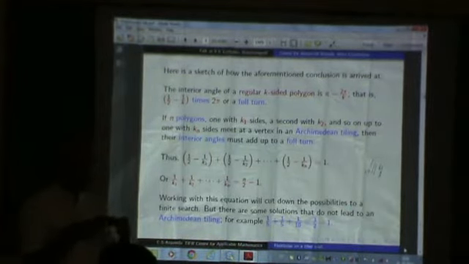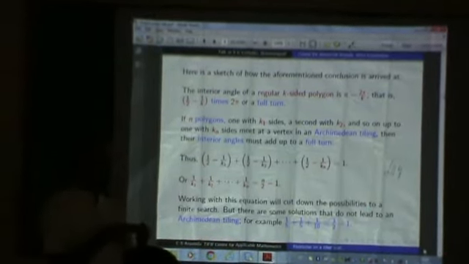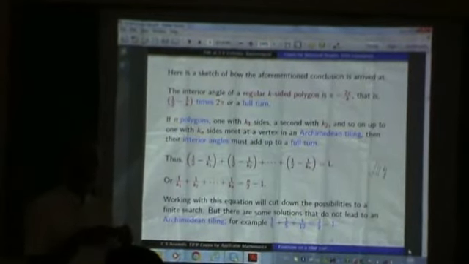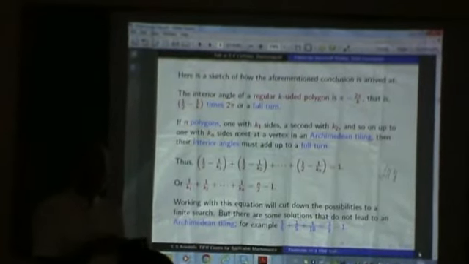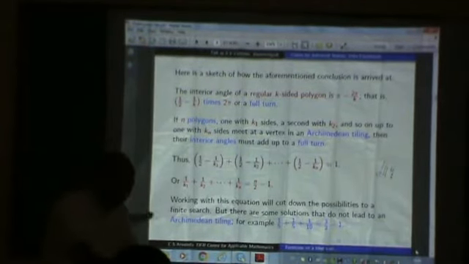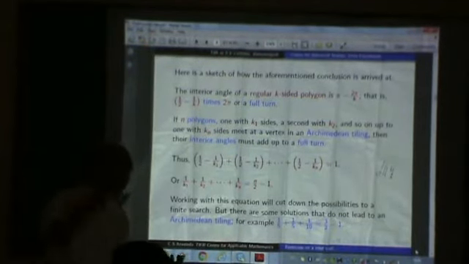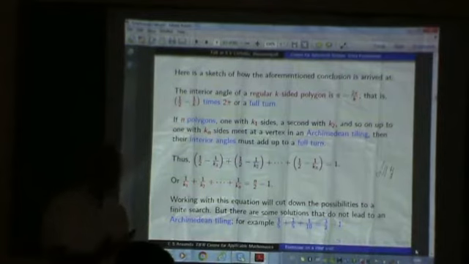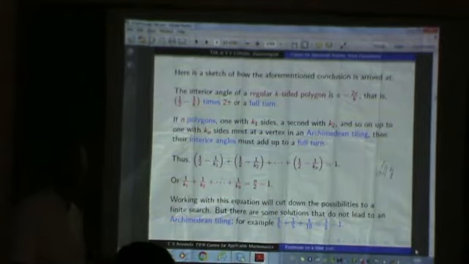If I take a triangle, the interior angle is 60 degrees, the smallest I can put. If I put 6 of them, it's already 360. Any other polygon has an interior angle bigger than 60, so n has to be at most 6. That's simple logic you apply.